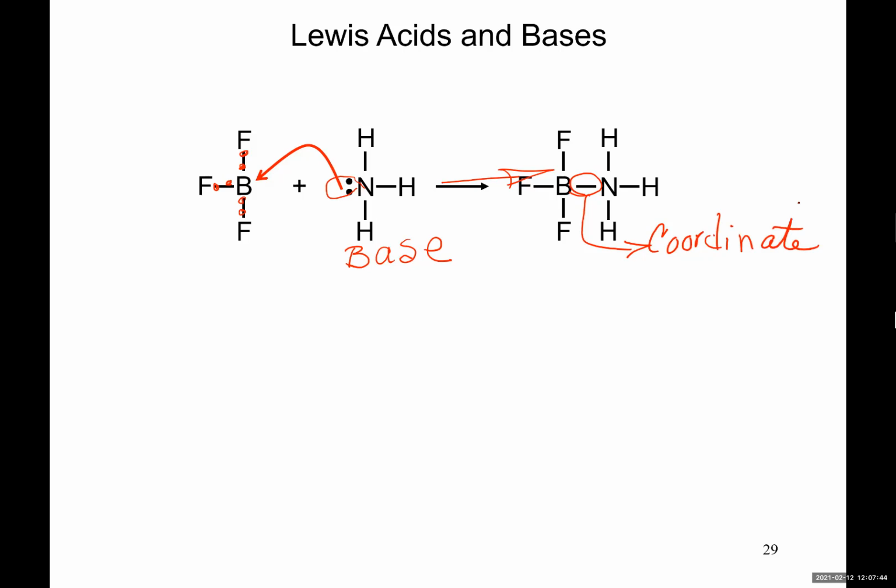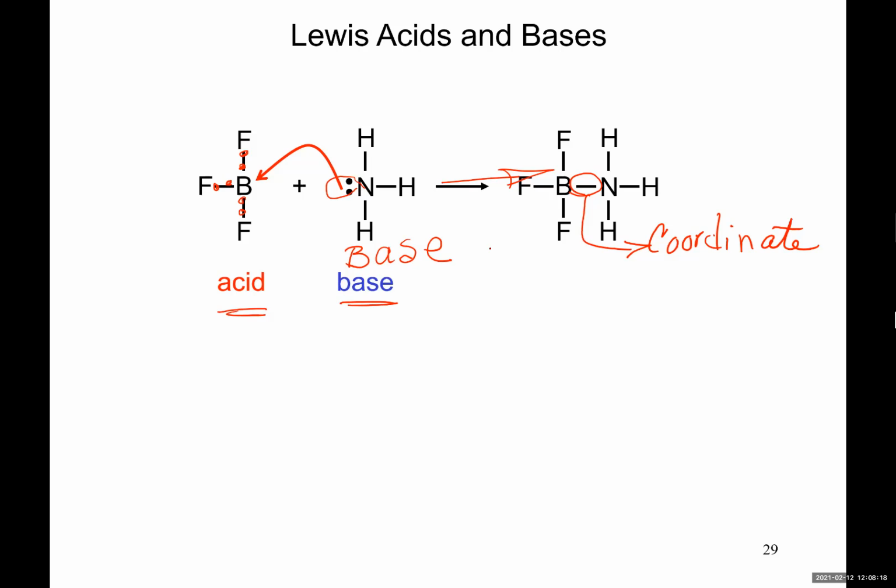Coordinate bonds are covalent bonds, except that in a regular covalent bond, 1 electron comes from each atom to make the bond. These coordinate covalent bonds are the result of sharing electrons, but both electrons are coming from 1 atom. So boron, as acceptor of electron pair, is an acid.